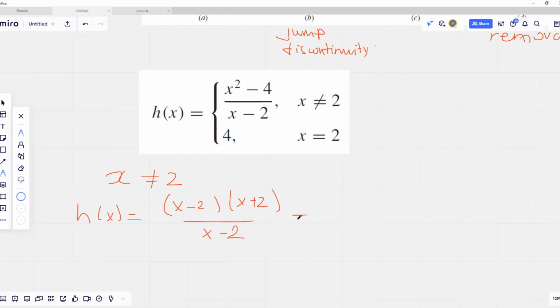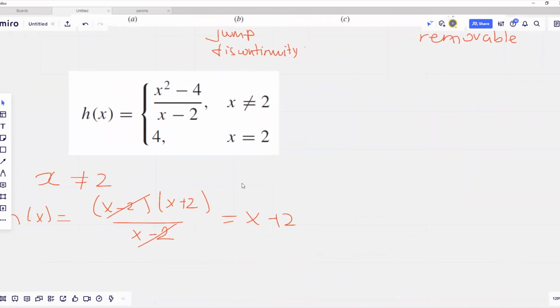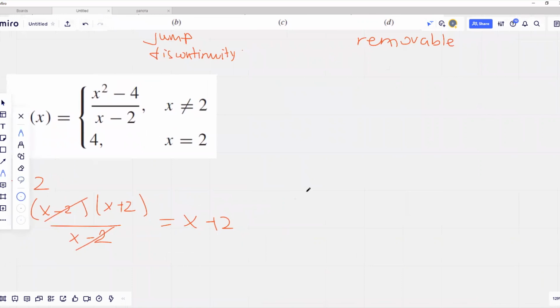If x is not equal to 2, then we cancel out these two terms, and we'll end up with a line. And this line is continuous everywhere, with the possible exception of the point x equal to 2. Now let's check whether h of x is continuous at the point x equal to 2.